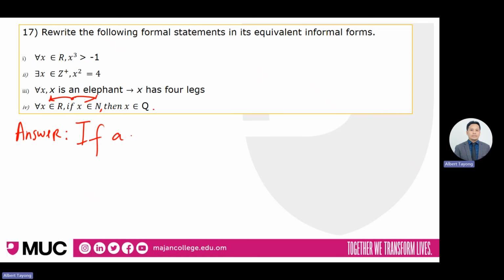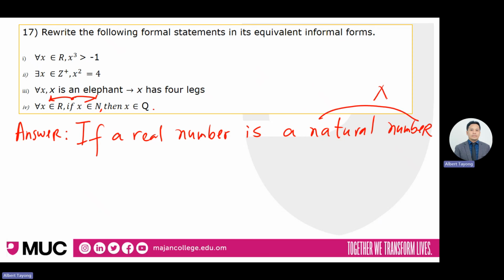So if a real number is a natural number, go to the right. That is your N. This is your R. Okay, from here. Then it is a rational number.